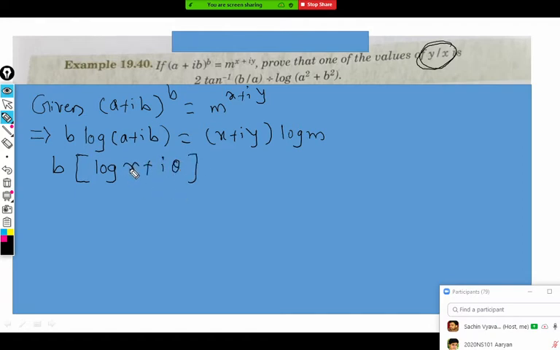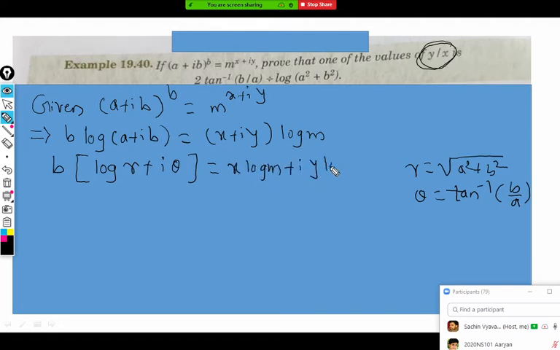Where r is the root of a square plus b square, and theta is tan inverse of b upon a. I hope I'm clear here. And on the RHS, this becomes x into log m plus i times y into log m.